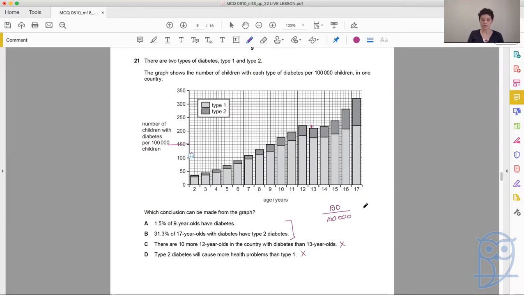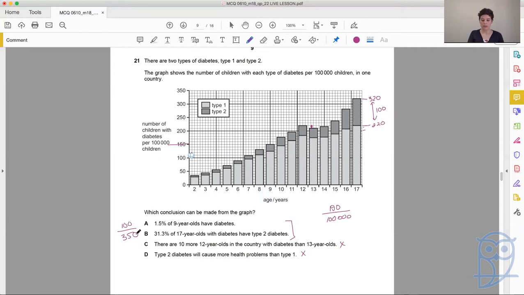Our 17-year-olds would be 310, whoa, okay, this is now 320. And this here is 200, 210, 220. Okay, so we need to know the percentage of 17-year-olds with type 2 diabetes. Well, there's 100 here. So this would be 100 out of 350.